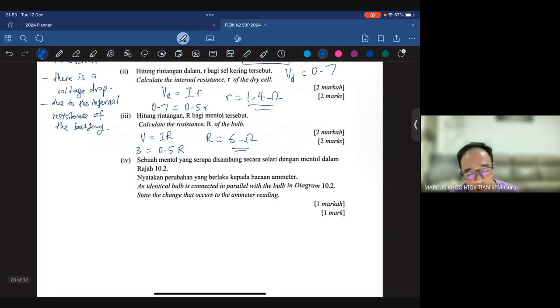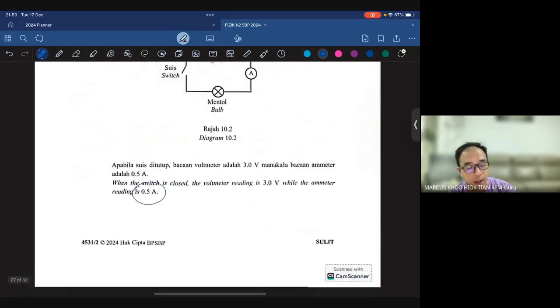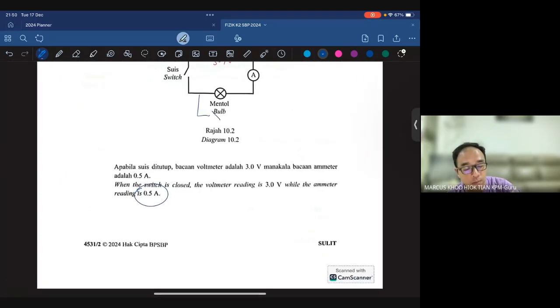An identical bulb is connected in parallel with the bulb in diagram 10.2. State the change that occurs to the ammeter reading. So let's look at it logically. If I have one more bulb connected in parallel, my total resistance is going to decrease.